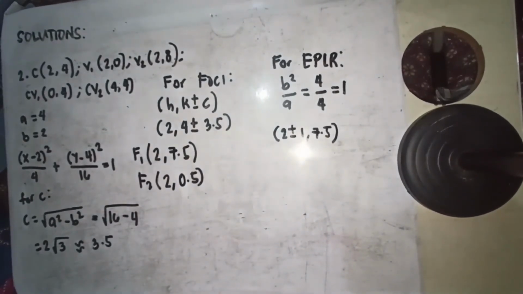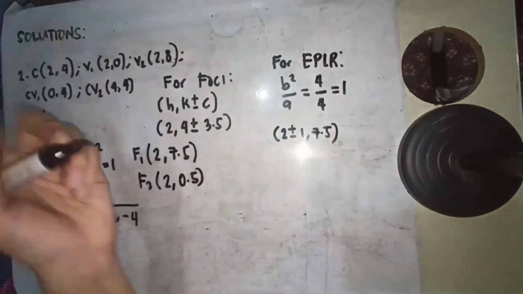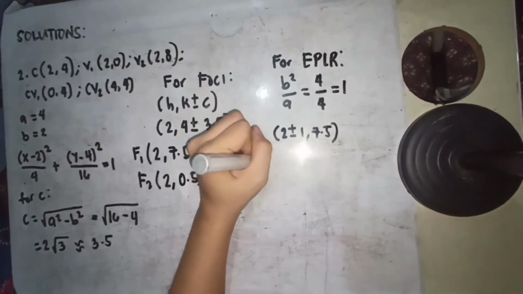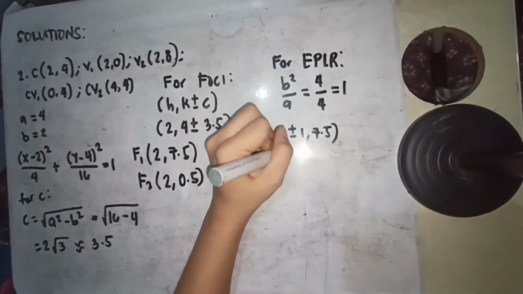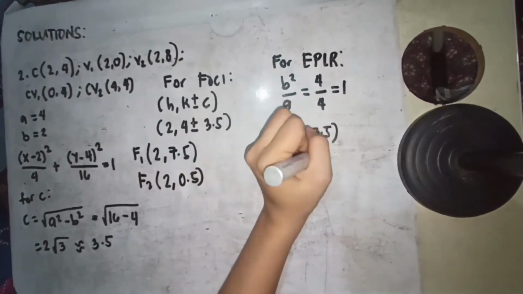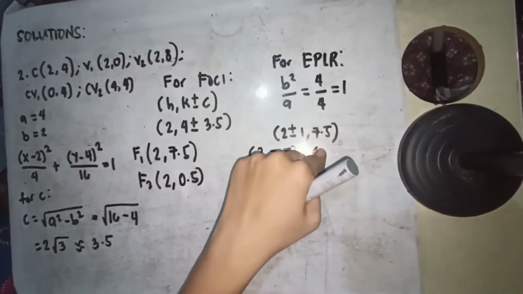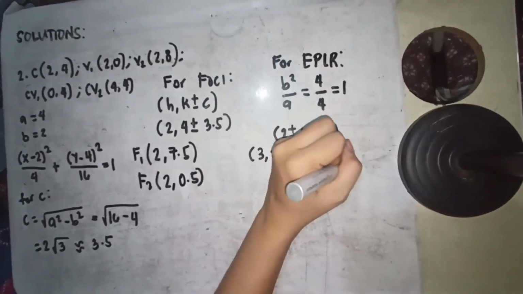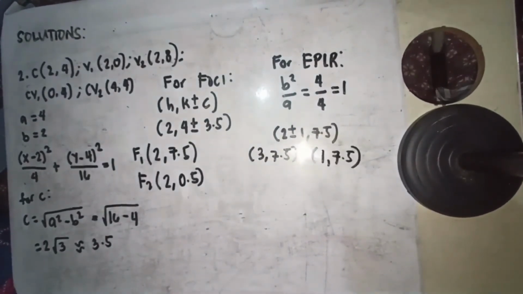So, the first coordinates of the endpoints of one latus rectum, we have 2 plus 1, that is 3, and 7.5. The other one, we have 2 minus 1, that is 1. Okay, we have 1 and 7.5.